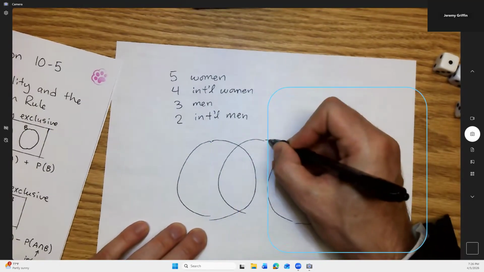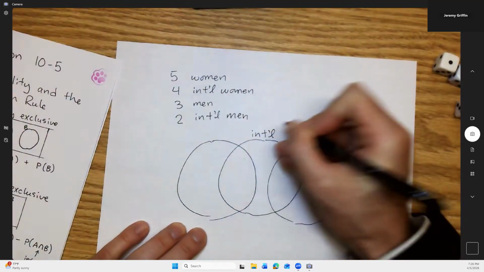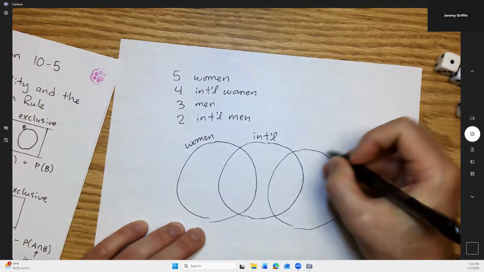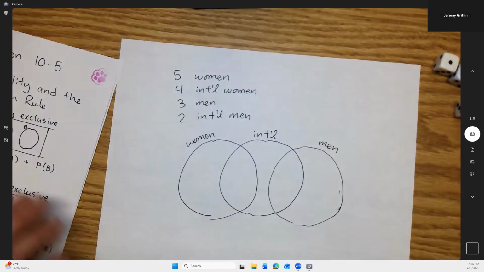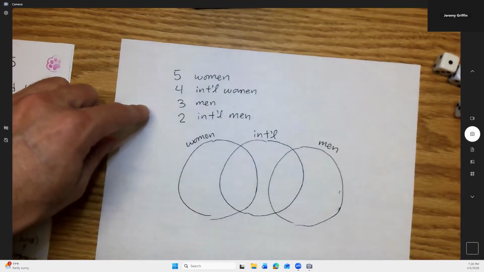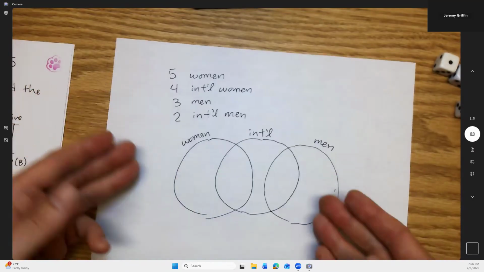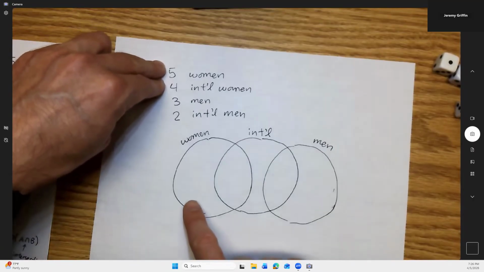So I think this is what my Venn diagram looks like. I'll put international as this bubble. Let's put women here. Let's put men here. All right, let's see if we can fill them up. 5 women and 4 of those are international.